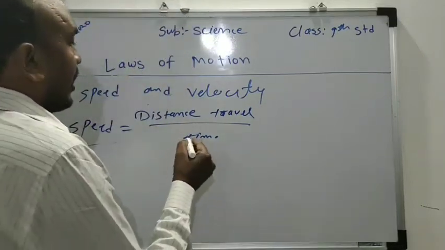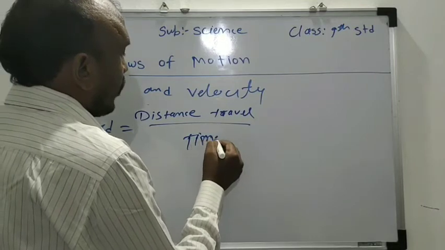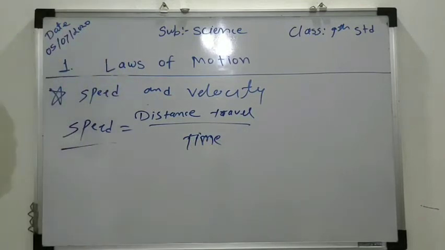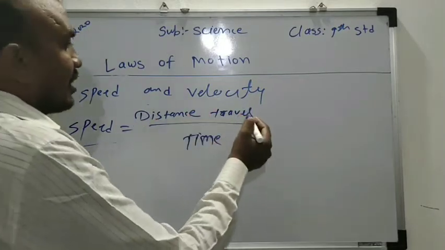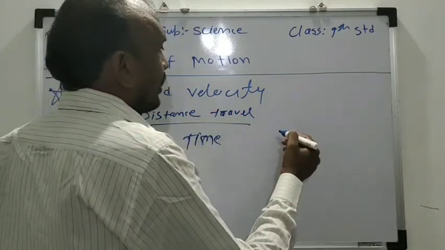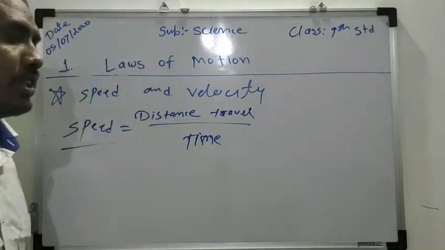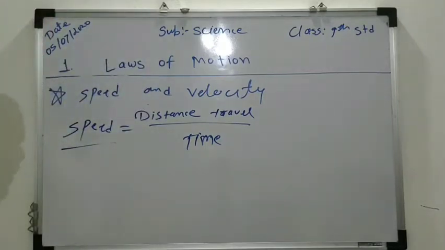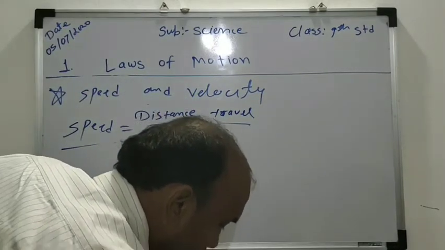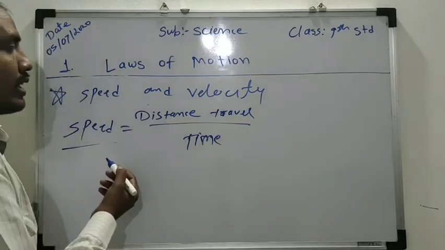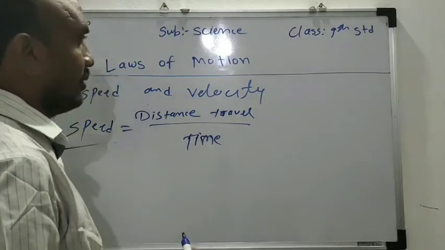What is the unit of speed? How to calculate the unit? Unit is very important in physics or science. What is the distance in SI unit? Do you know SI unit, CGS unit? Those are systems for the calculation of units, and SI is the standard unit system. SI unit means standard unit.